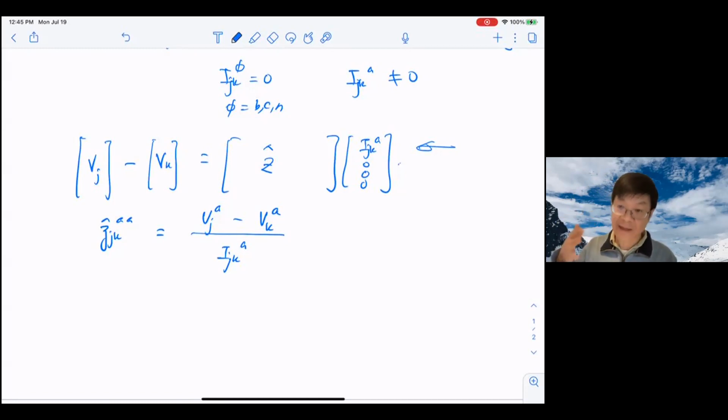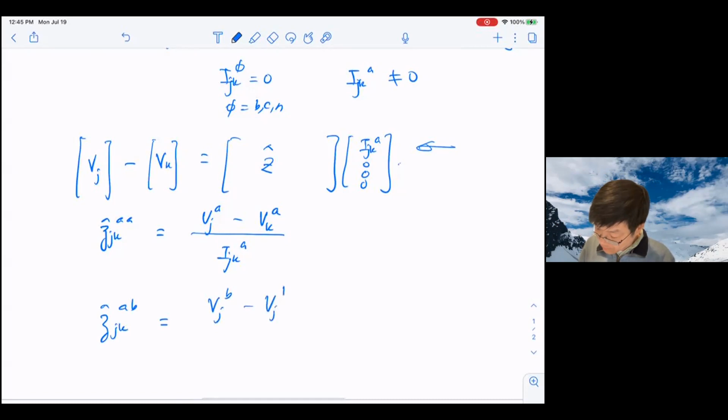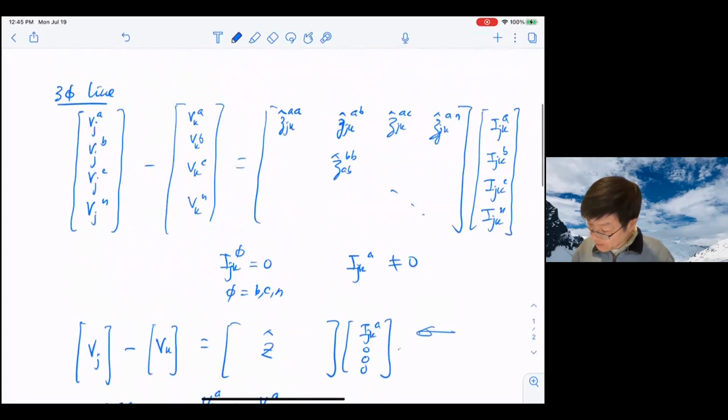Okay. Even though the currents on the other phases are 0, the current I_jk in phase A induces voltage drop in other phases. So if you multiply the second row and the third row and so on, what you get is that Z_jk^AB is simply V_j^B minus V_k^B divided by I_jk^A. So the voltage drop induced by I_jk^A, the ratio of this voltage drop to I_jk^A, is the off-diagonal entry here.